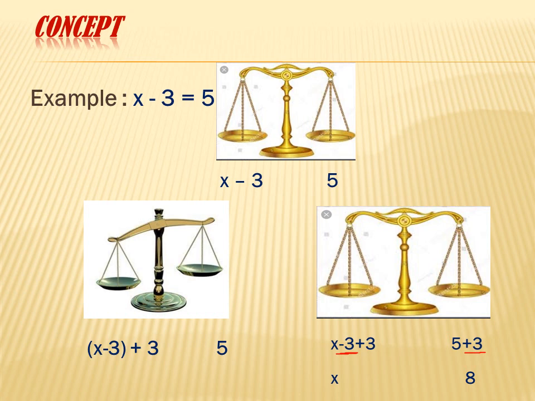Here it was minus 3. To remove that minus 3, we have to take 3 in the right hand side with a change of mathematical operation, that is, instead of minus, we will do addition here, so plus 3. And this is the whole concept behind transposition. Now I hope you all have understood this transposition, and we are done with this.